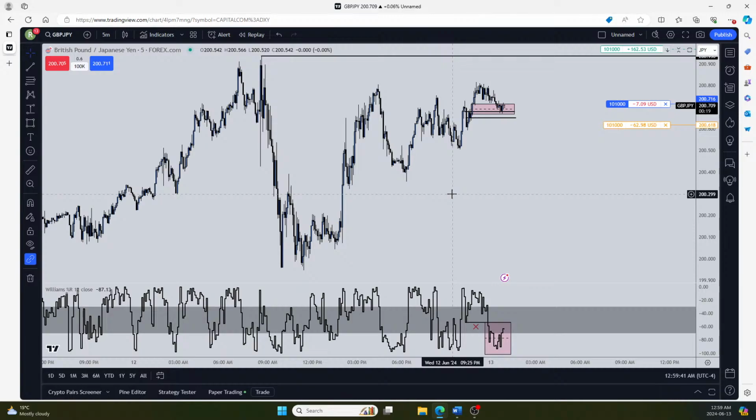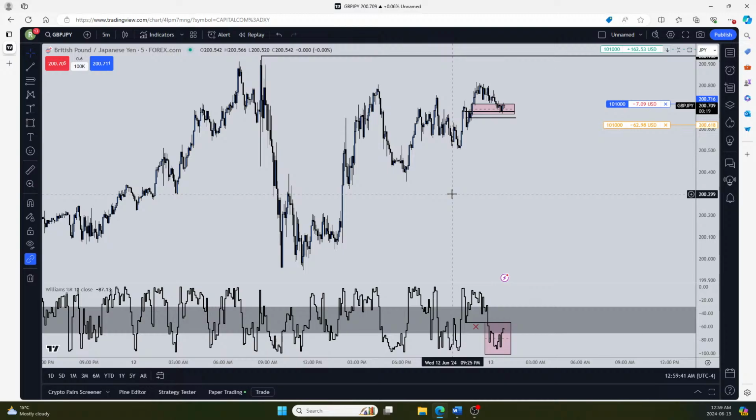Notice how we are contracting here as well. Notice how the candles are getting very, very small. So price will go from contraction to expansion, from contraction to expansion, from contraction to expansion. Now we're getting the same phenomenon here.